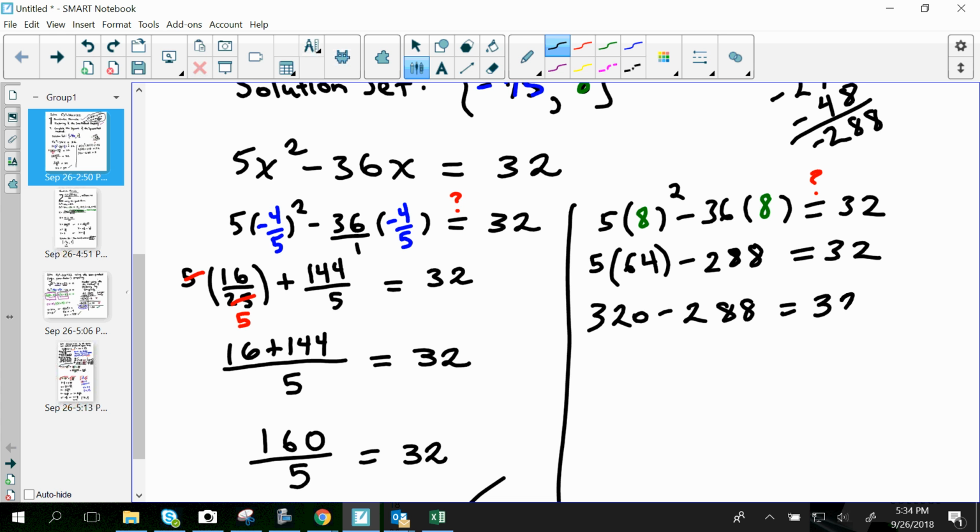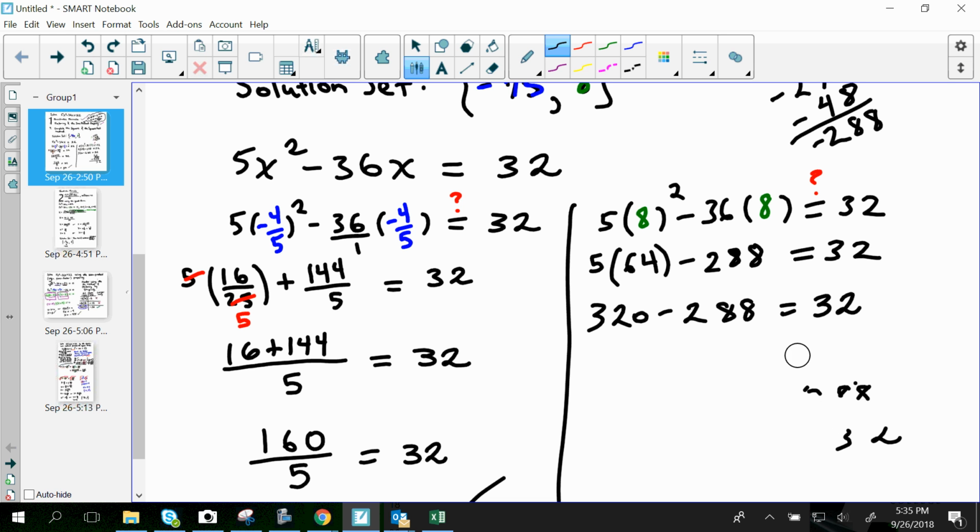Keep going. 320 minus 288 is 32. I did that kind of weird, but 320 minus 288, 2, 3, right?